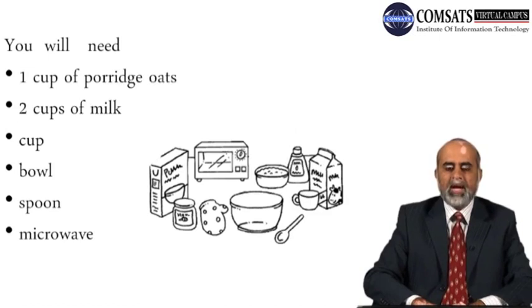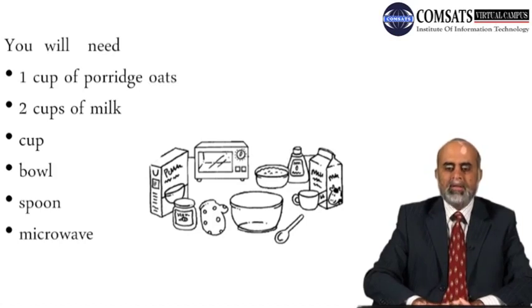So we are looking at the first section, which is you will need. In this first section, we will look at the material which is required to perform this task or to make porridge. We need 1 cup of porridge oats, we need 2 cups of milk, cup, bowl, spoon and microwave.